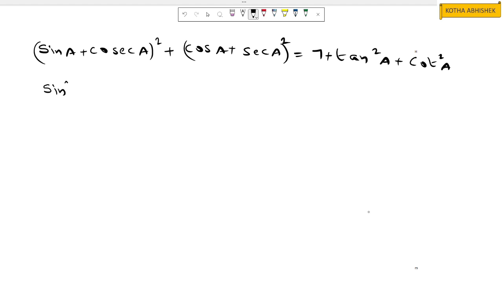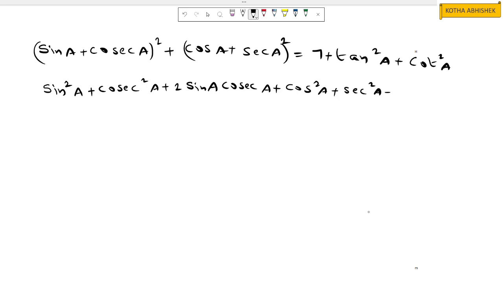Sin A plus cosec A whole square is sin square A plus cosec square A plus 2 sin A cosec A, plus the second term is cos A plus sec A whole square, right? So if we expand that, it will be cos square A plus sec square A plus 2 cos A sec A. Now sin square A plus cos square A, we have an identity, right?